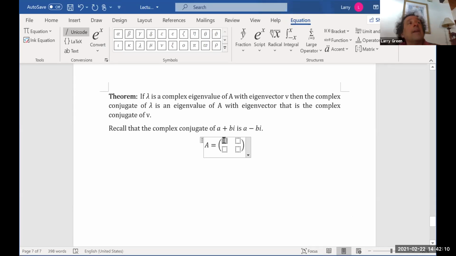And let's see, now I need the -3. Actually, trace plus determinant.